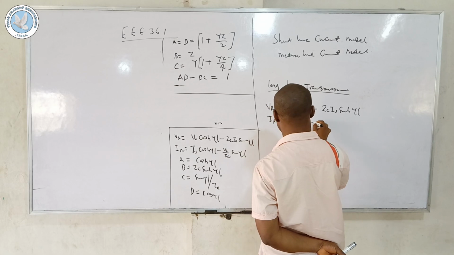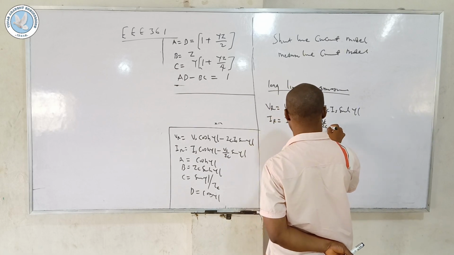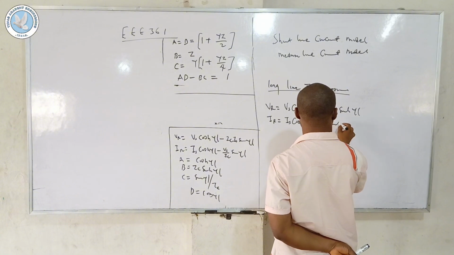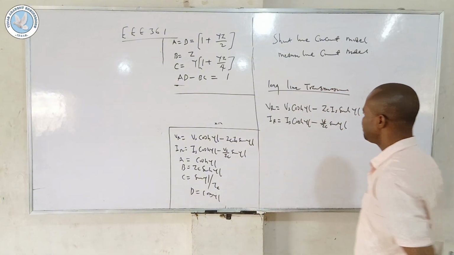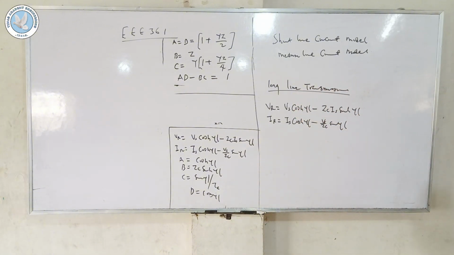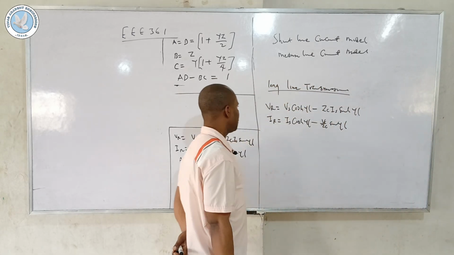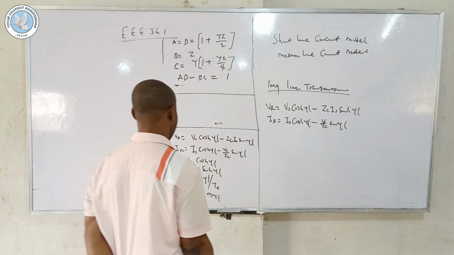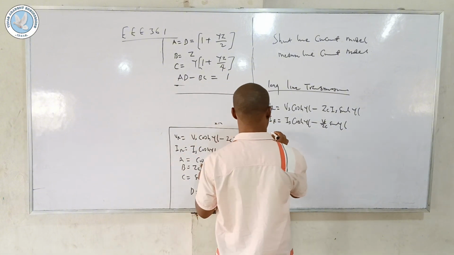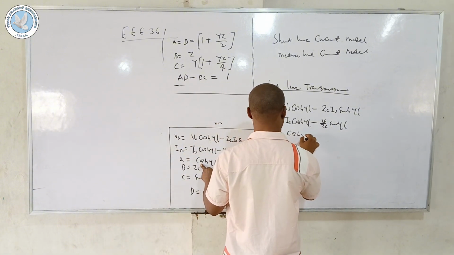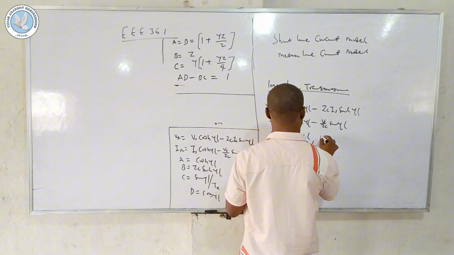So comparing with the medium, we realize that your A is actually cosh this, and your B is characteristic impedance multiplied with sinh.